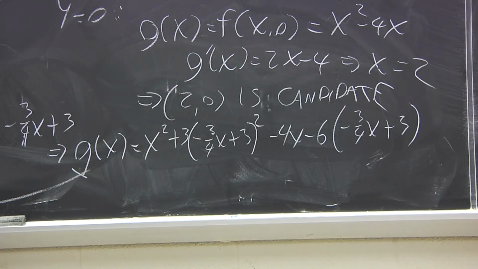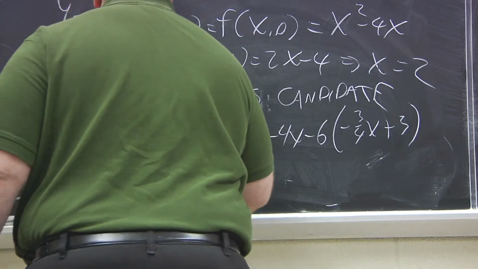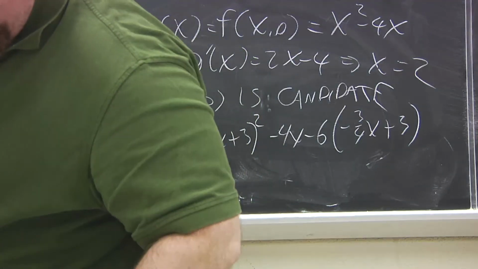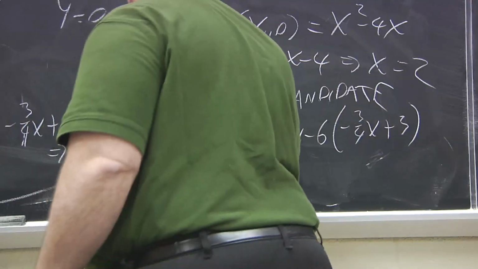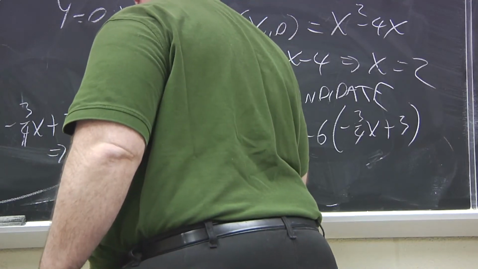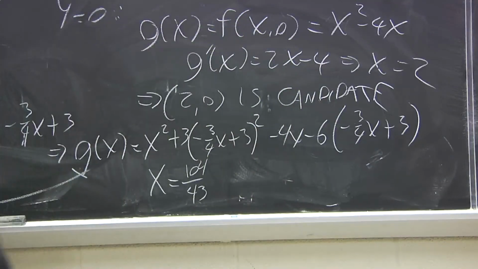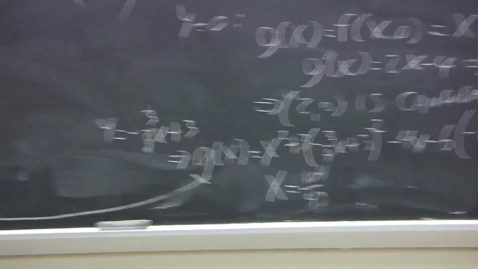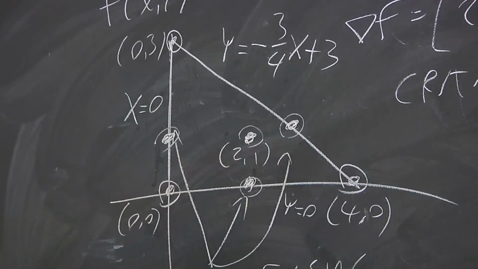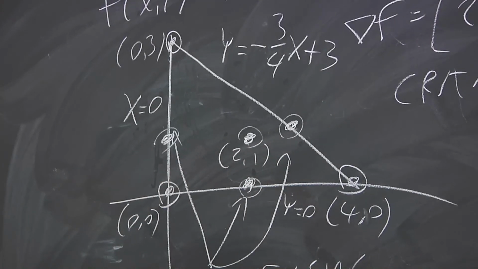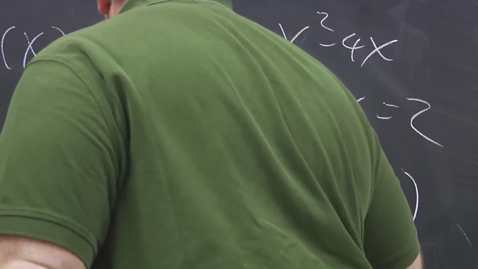But what happens is you get one critical number, x is equal to 104 over 43. That is going to be somewhere around here. So we have 7 points, and y is 51 over 43. That is a candidate.